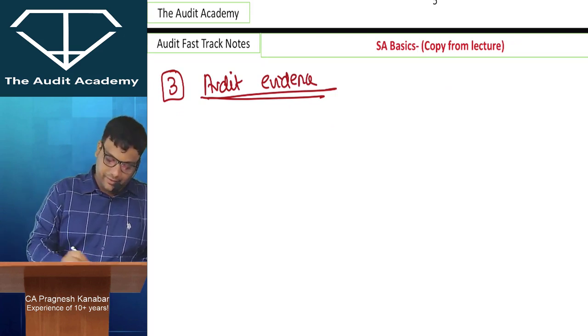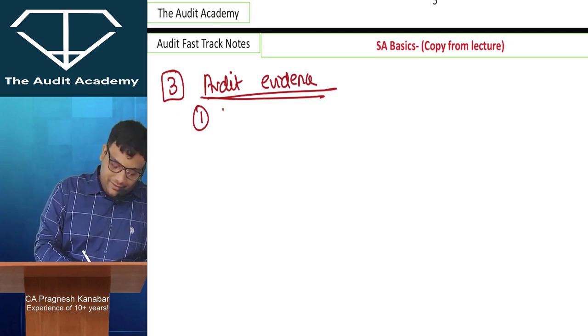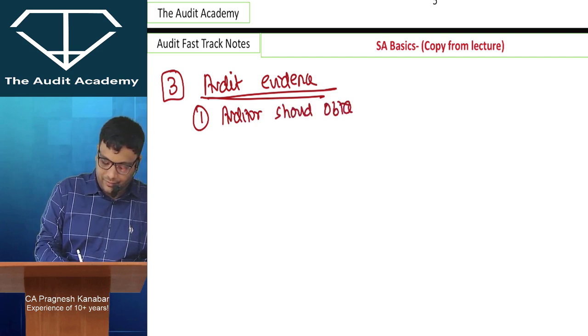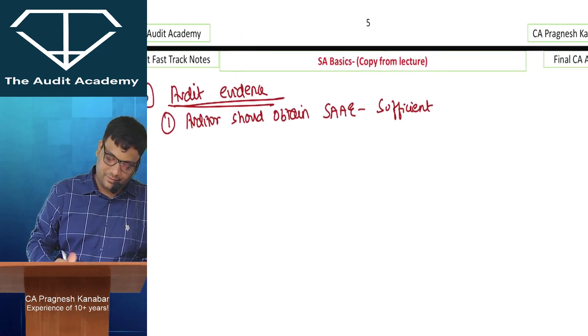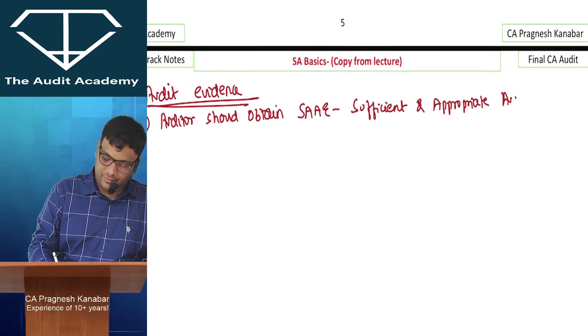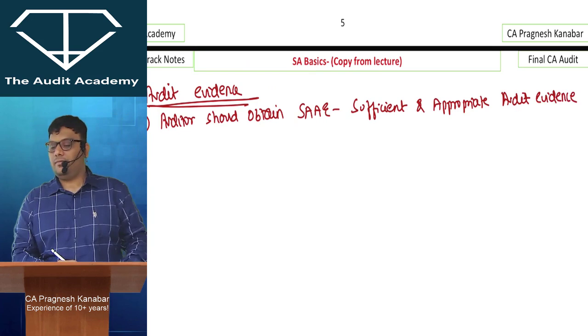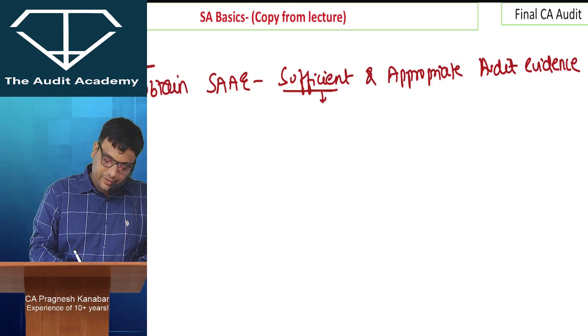Alright. Audit evidence. Auditor needs to obtain which evidence? Auditor should obtain sufficient and appropriate audit evidence. Sufficiency means quantity.